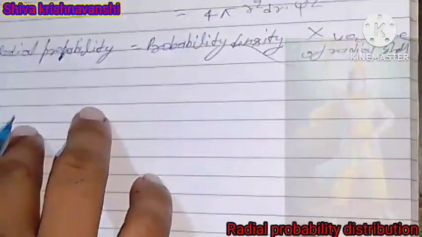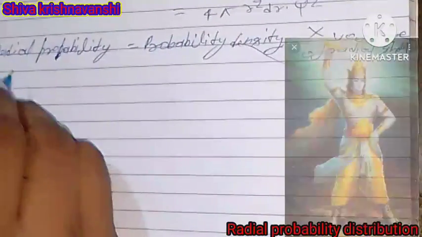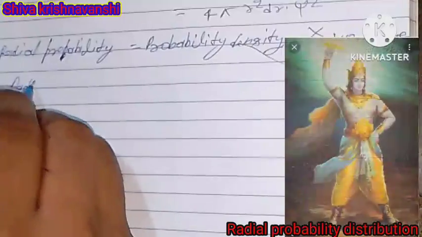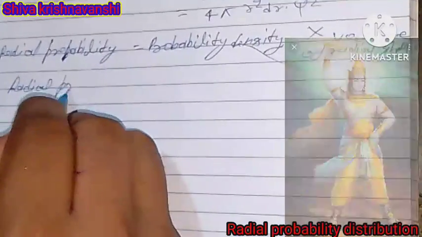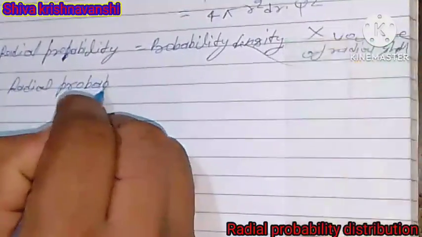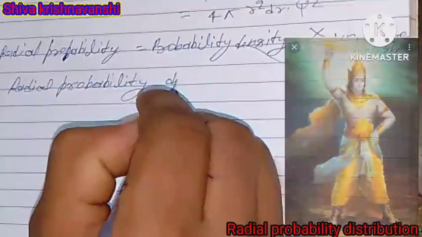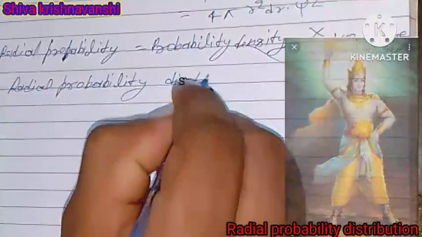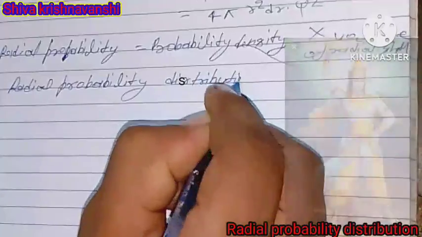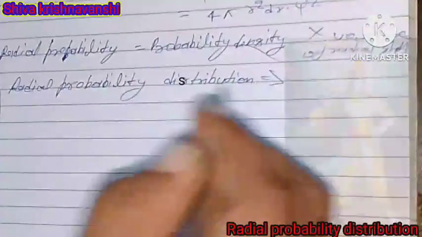Next is radial probability distribution.